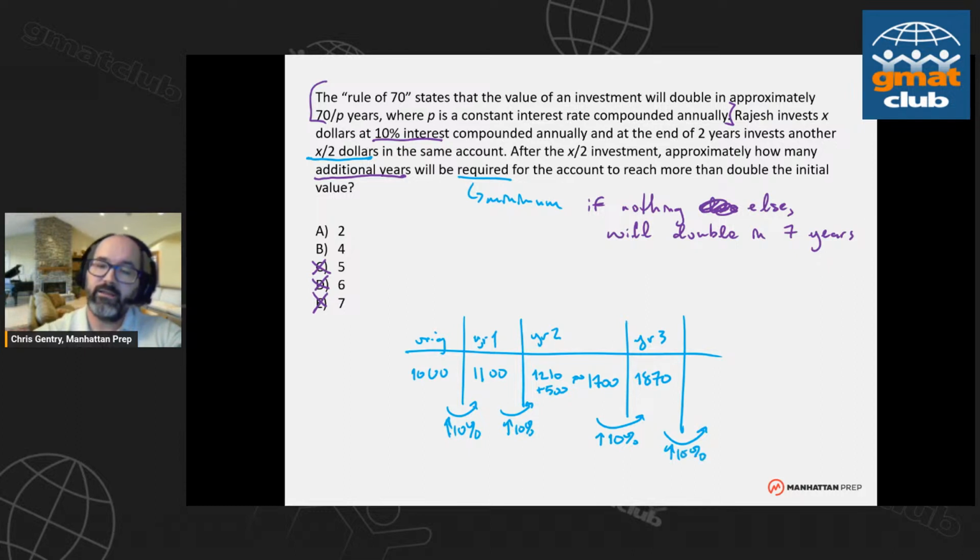And now I can see that at year 4, this is where we will exceed $2,000. So we're looking for year 4, but we're looking for the additional years. And so after the X over 2 investment, we needed 2 additional years.